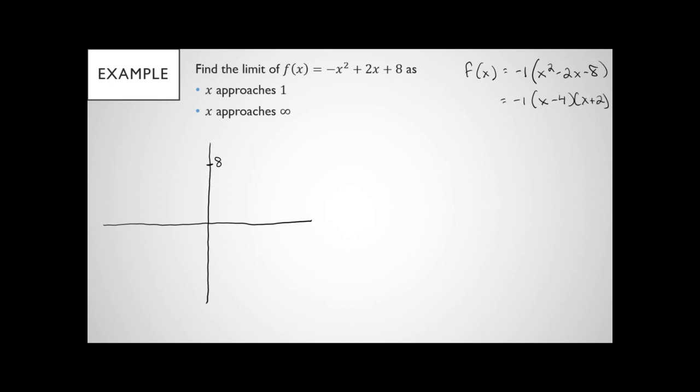So I'm going to have an x-intercept at 4 and then at -2. So halfway between -2 and 4 would be at 1. So I'm just going to sketch my graph, and it's going to look something like this. So we've got our parabola.